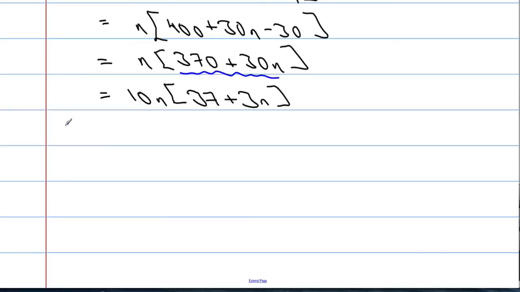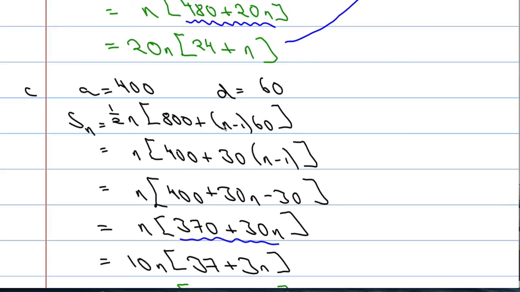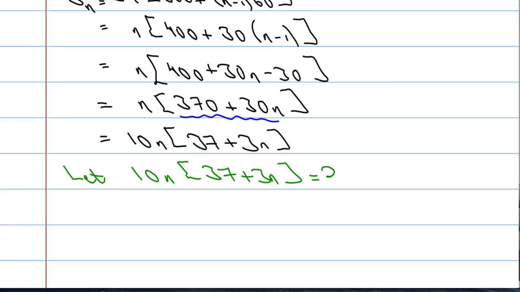So what we're going to do is let Carol's series be equal to Ahmed's, 20n times 24 plus n, or n plus 24. Okay, fantastic. We're going to try and solve this equation now.